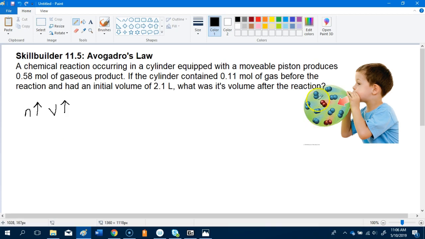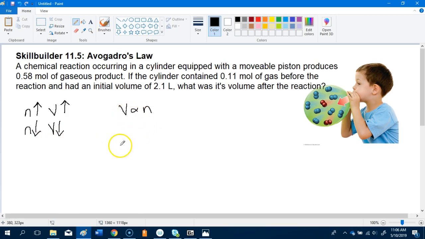Now, if we were to inhale some of the gas from the balloon, so we are taking away some gas molecules, the volume of the balloon is going to decrease. It's going to become smaller. So the relationship between volume and moles is a direct relationship, because as one increases, the other increases, and as one decreases, the other decreases.